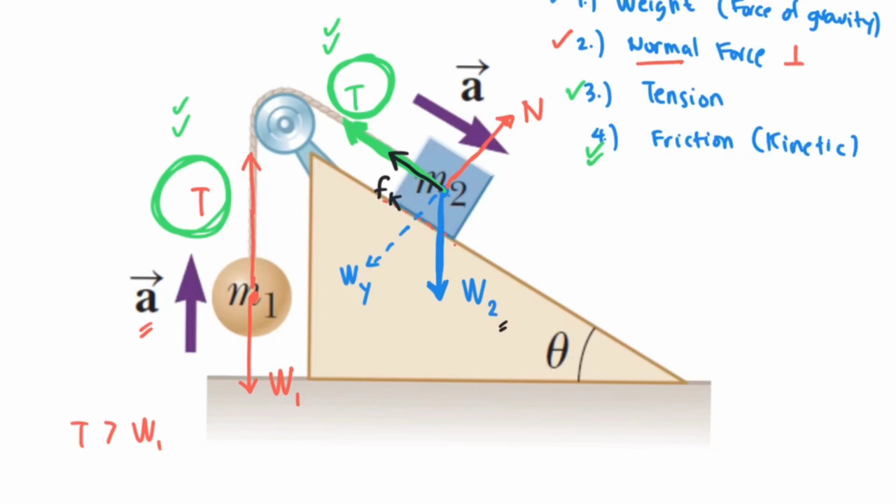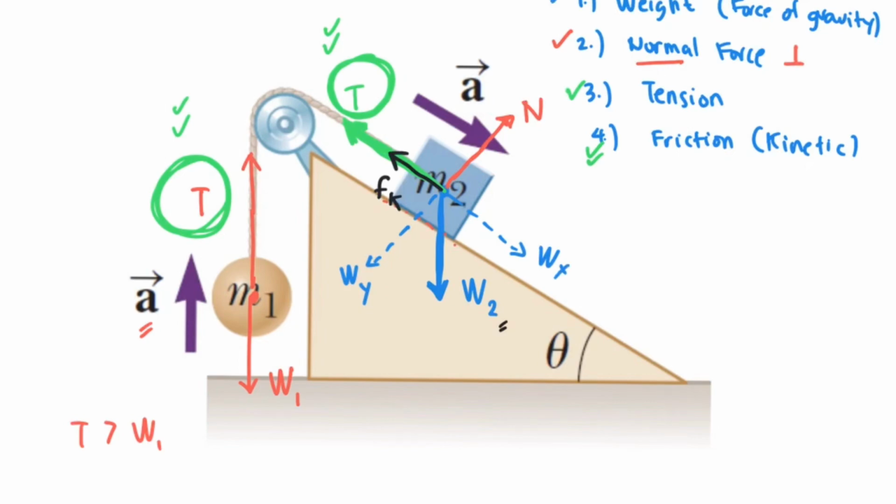So it would be drawn like this. So this is my x component. Let me draw it properly. My x component is going to look this way. And I'm gonna call that wx.